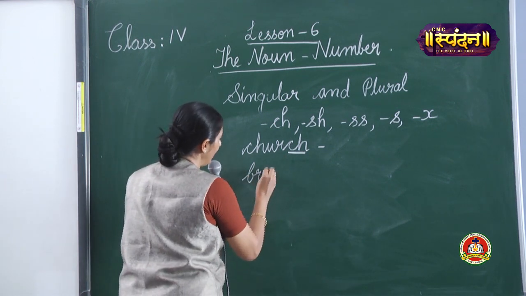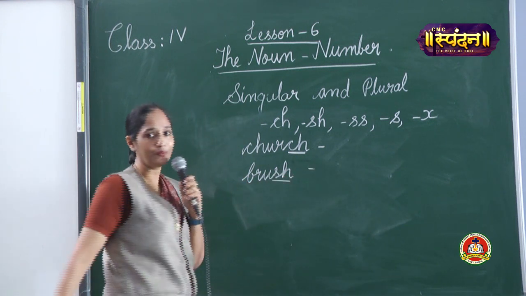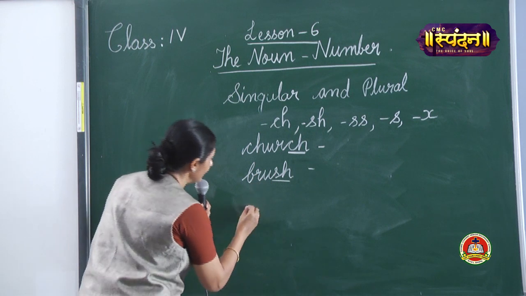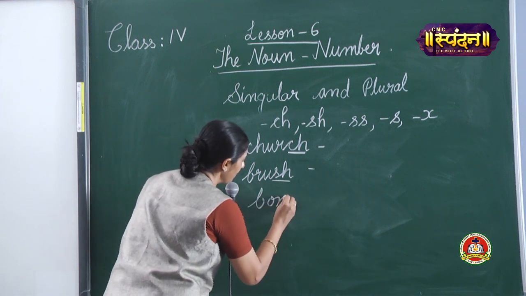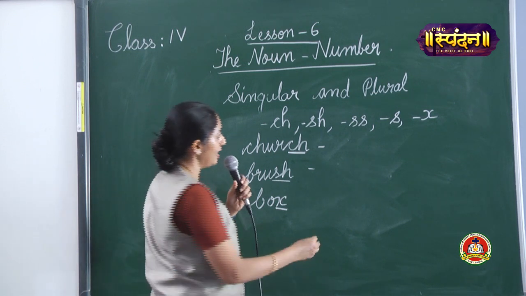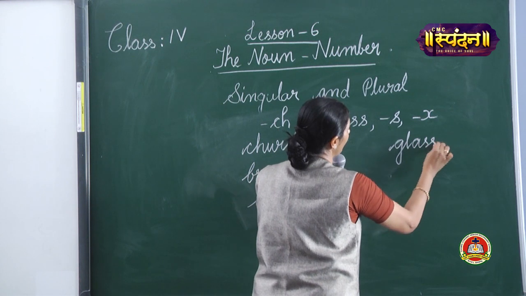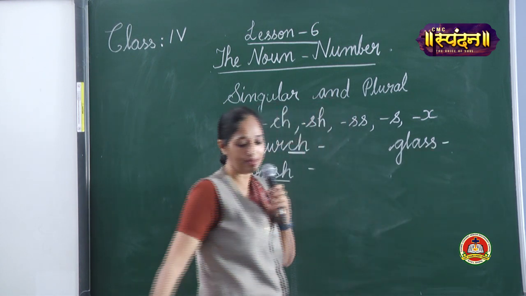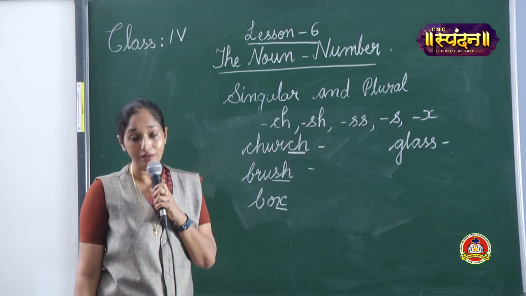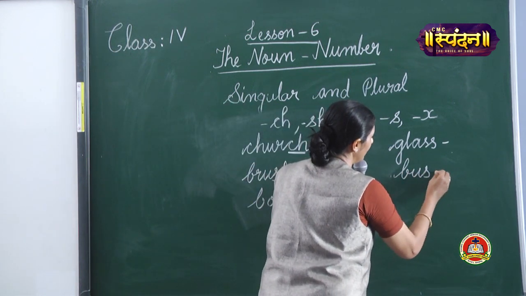Example for word ending in sh, brush. A word that ends in x, box. A word that ends in double s, glass. Now another example for a word that ends in single s, bus.